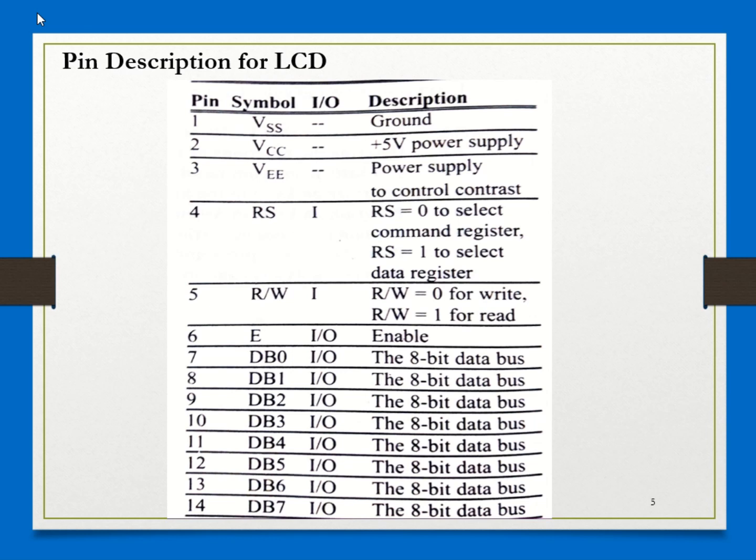Like when you are sending some information, whether the information is going to the command register or the data register. So there is R/W, that is the read write pin. This pin allows the user to write information to the LCD and read as well, right? So when R/W is equal to 0, it means you're writing onto the LCD, and if R/W is equal to 1, you're reading from the LCD. Recall here, LCD is our display unit.